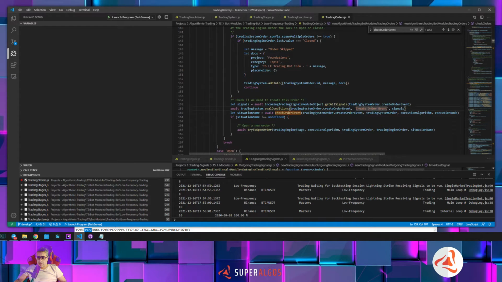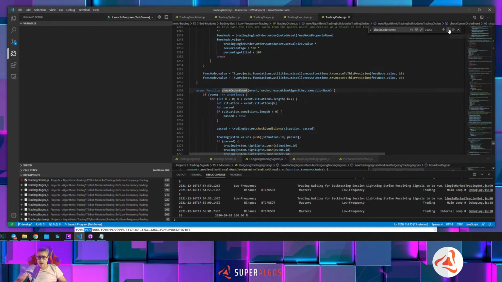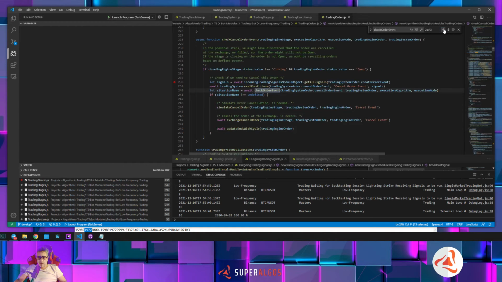Okay, if this is for the order to be created, okay? Then the check cancel. So this also makes a check order event. And there is the function definition.